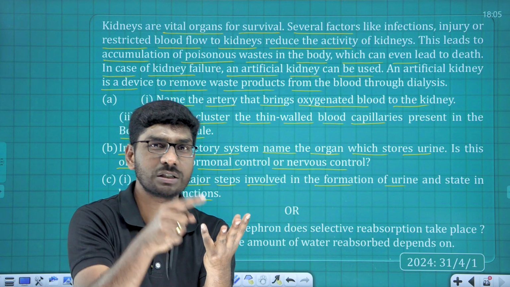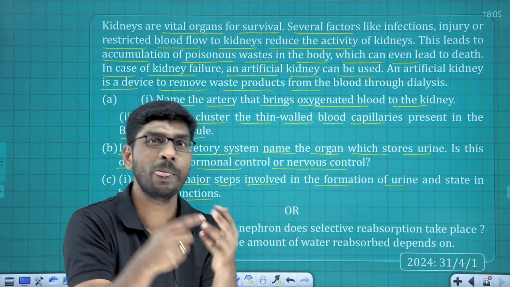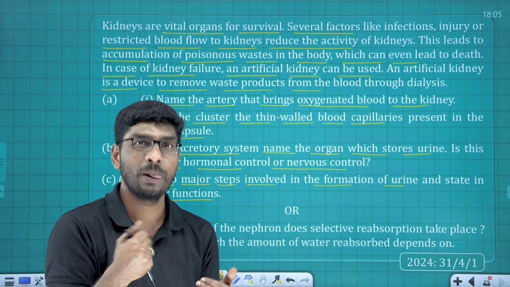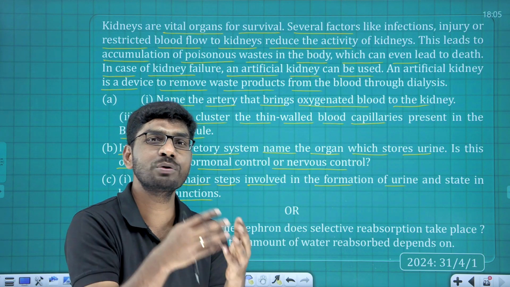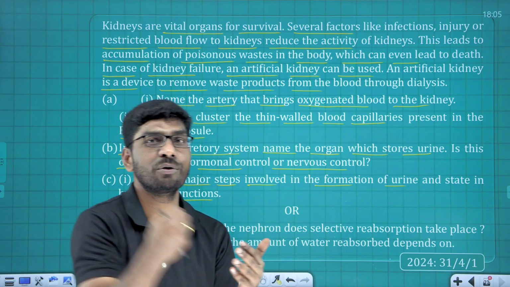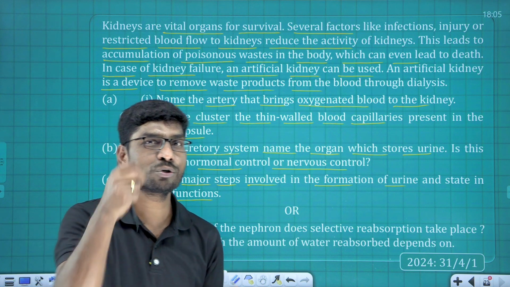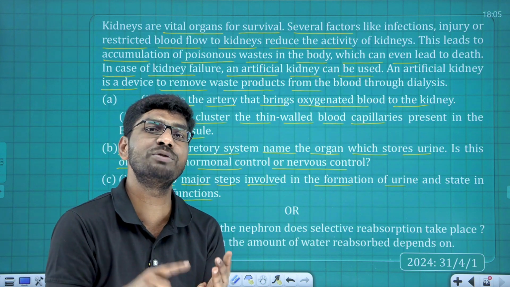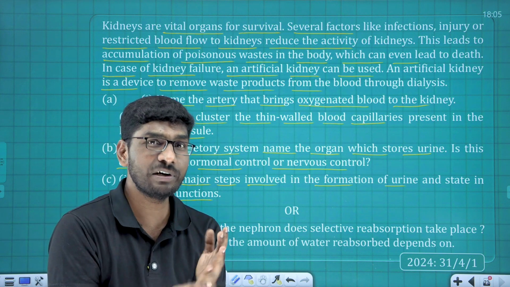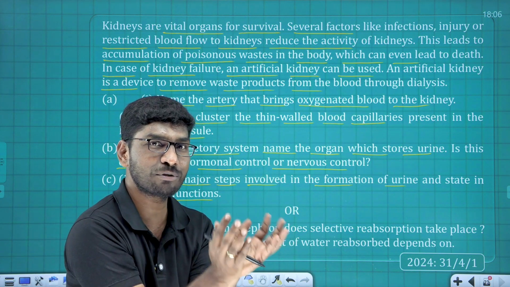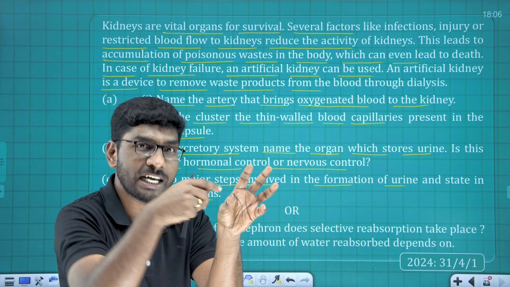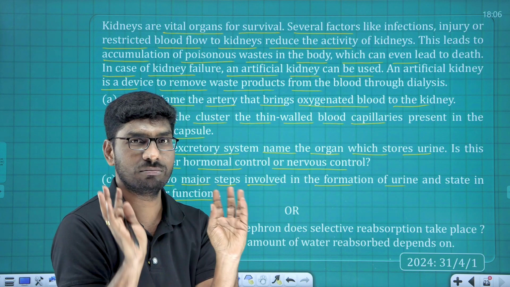Substances like glucose, amino acids, sodium undergo active reabsorption back to blood. Water and a few substances passively undergo reabsorption into blood. So 2 major steps: ultrafiltration, and second one is active reabsorption. Ultrafiltration takes place in the Bowman's capsule, cup-like structure, glomerulus, and reabsorption takes place in the nephric tubule.